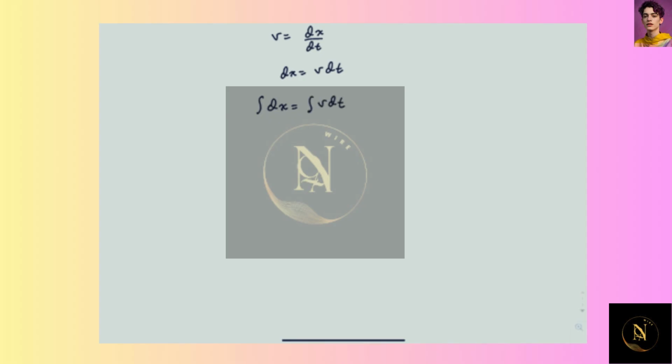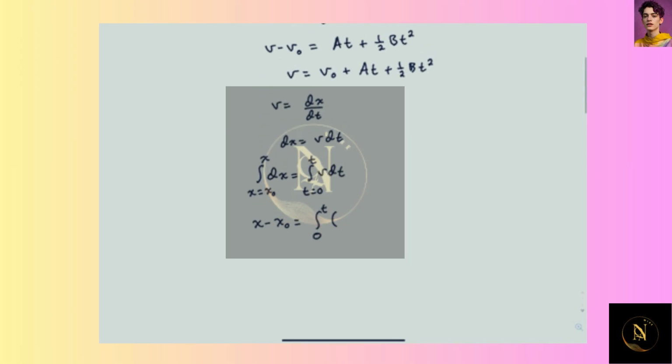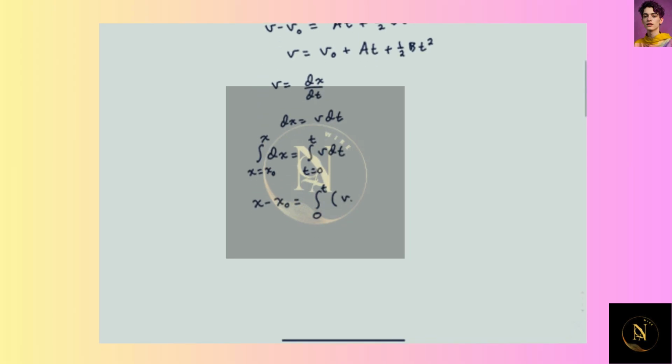And the bounds of my integral, I'm going to go from position x0 to x, and again from time 0 to time t. So just like the last integral, we're going to get x minus x0. And our velocity function is what we solved in the last part, v0 plus at plus 1/2 bt squared.